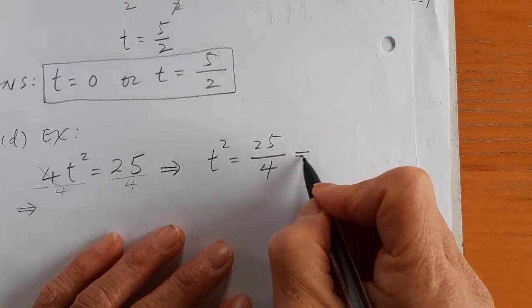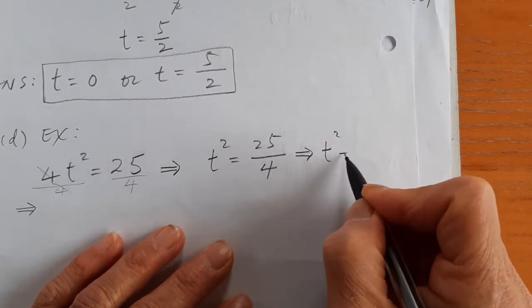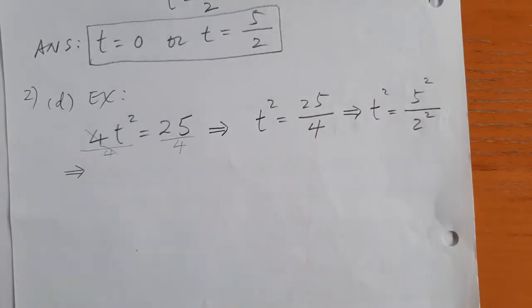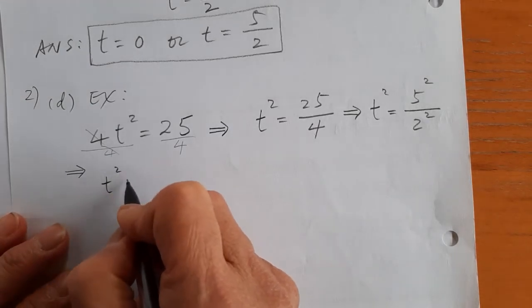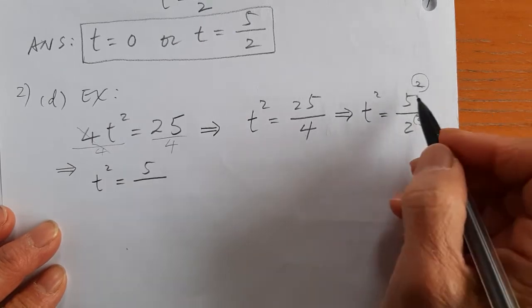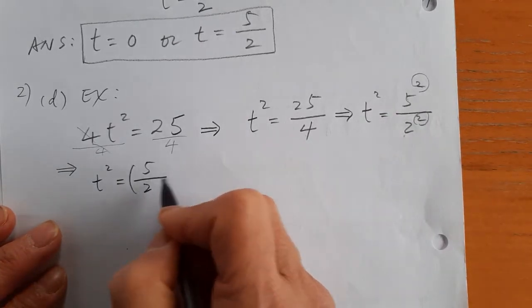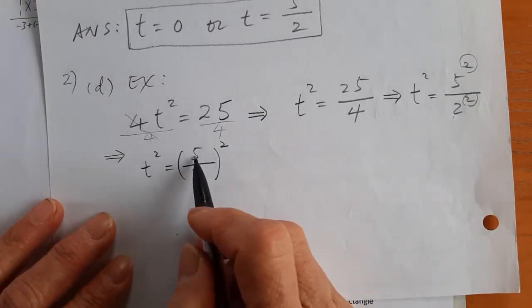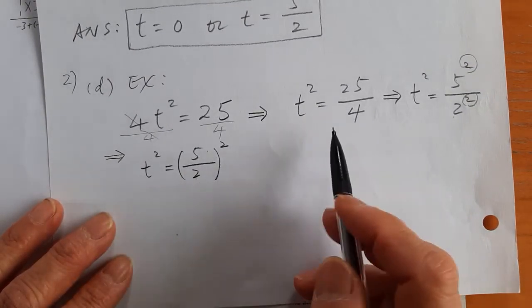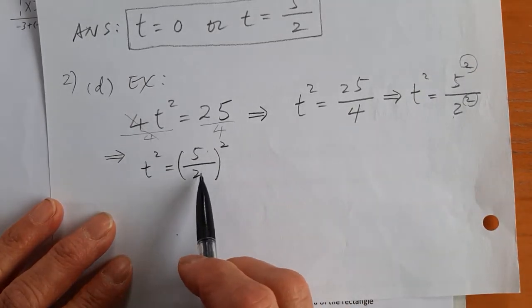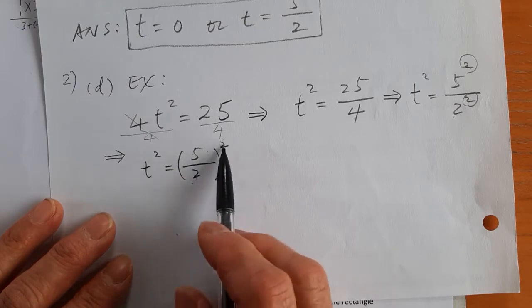25 over 4, you can write as: 25 is 5 squared, 4 is 2 squared. Then you can put t squared equals 5 over 2, put outside the parentheses, squared. Because 5 over 2 times 5 over 2 is 5 times 5, which is 5 squared, over 2 squared.